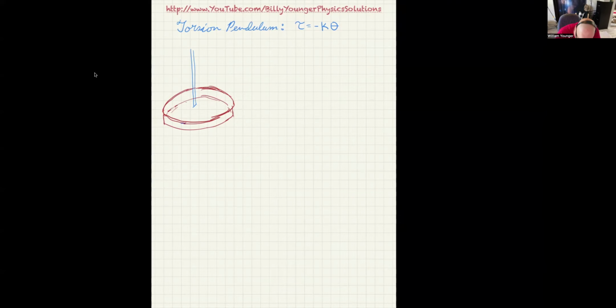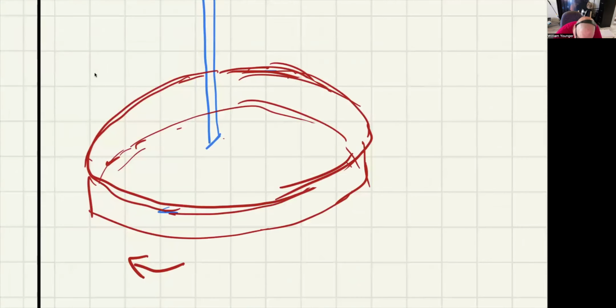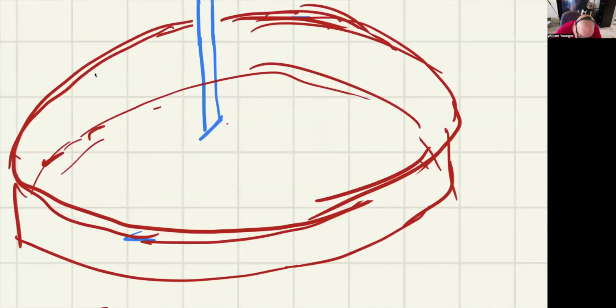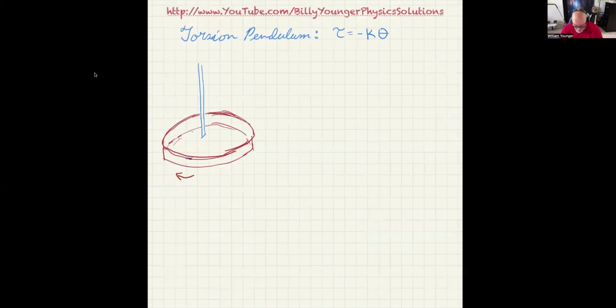What'll happen is as we twist this object, say this way, that's going to tend to rotate that little blue ribbon that we see here, which is up in front of this. That's going to tend to twist that little blue ribbon, and when it is twisted, it's going to want to try to twist back to its original position.